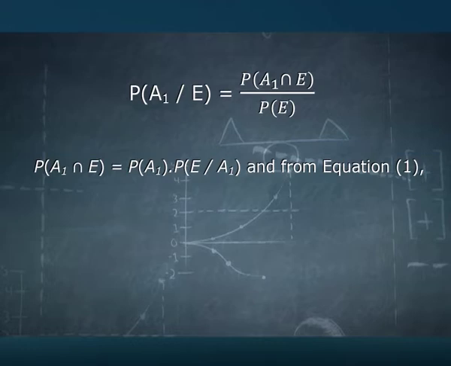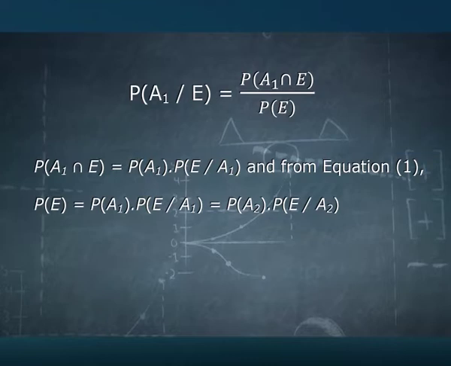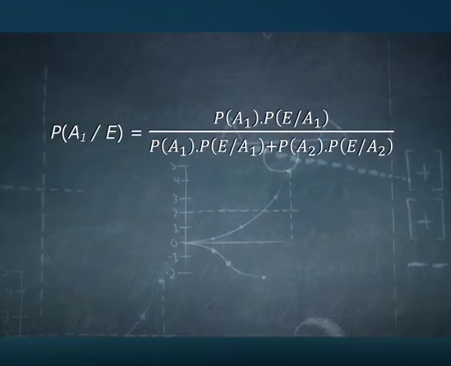And from equation 1, we have probability of E is equal to probability of A1 times probability of E given A1 plus probability of A2 times probability of E given A2. Thus, probability of A1 given E is equal to probability of A1 times probability of E given A1, the whole thing divided by probability of A1 times probability of E given A1 plus probability of A2 times probability of E given A2.